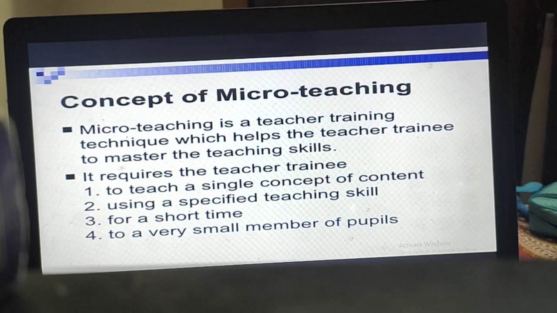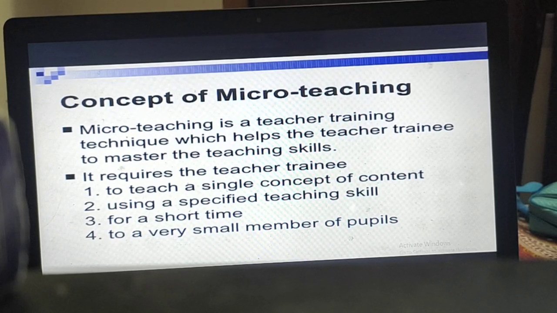So what is micro teaching? Micro teaching is a teacher training technique which helps teacher trainees to master teaching skills. It requires teaching a single concept of a content.